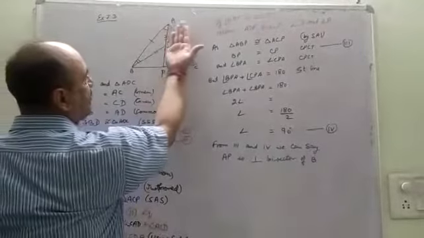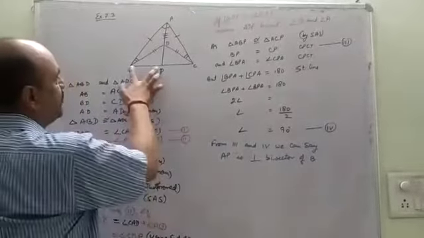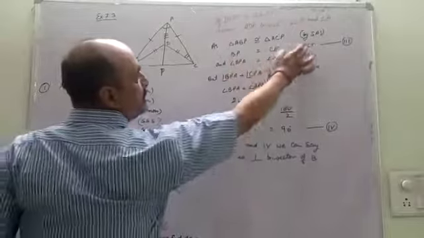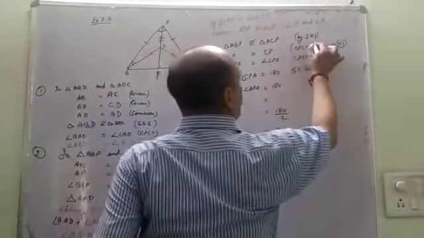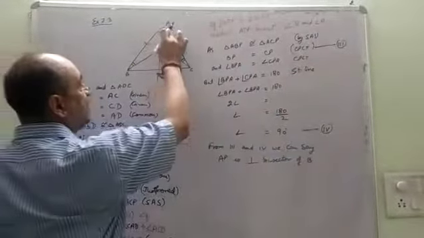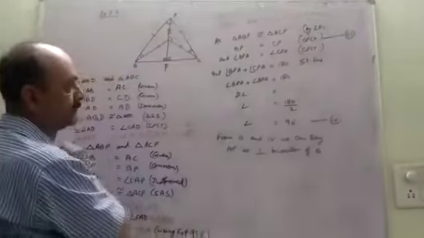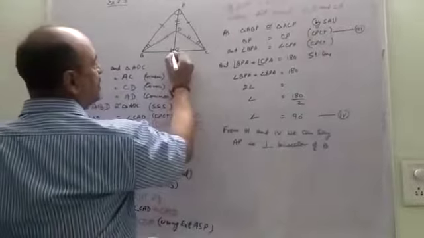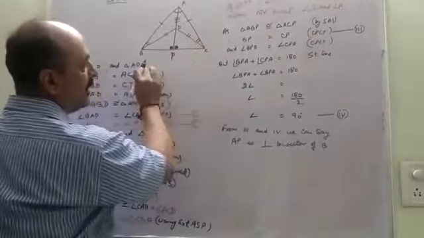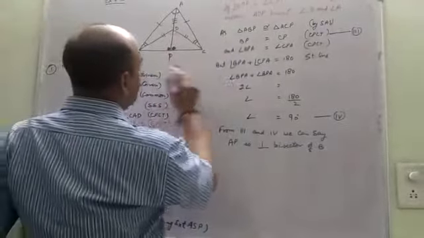If these two triangles are congruent, then BP is equal to CP, CPC. And this angle is equal to this angle. Ultimately, both these angles sum to 180.